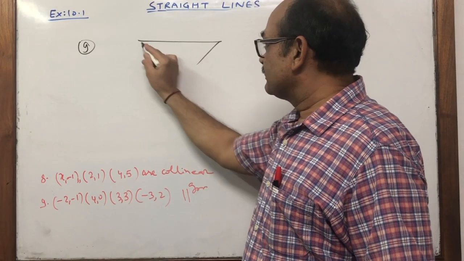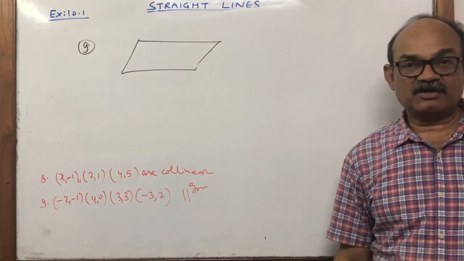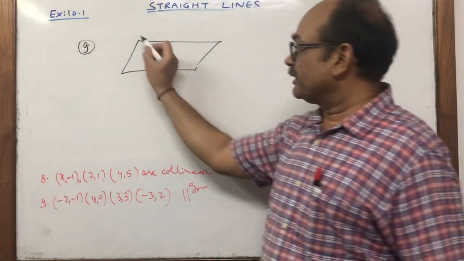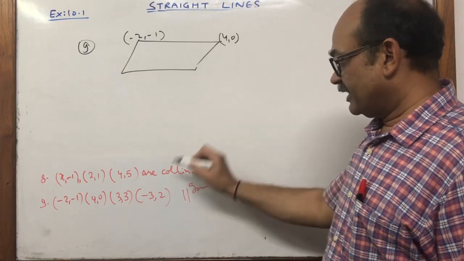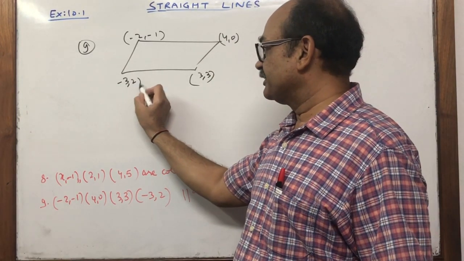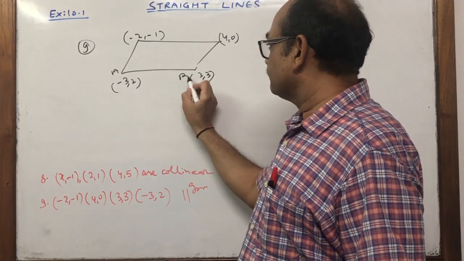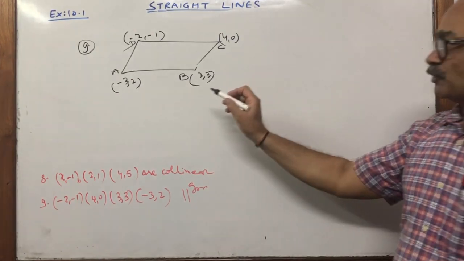Without using the distance formula, we have to prove that these four coordinates are of a parallelogram. Minus 2, minus 1, 4, 0, written in proper cyclic order, 3, 3, and minus 3, 2. Let them be A, B, C, and D. Calculate the slope of each one.